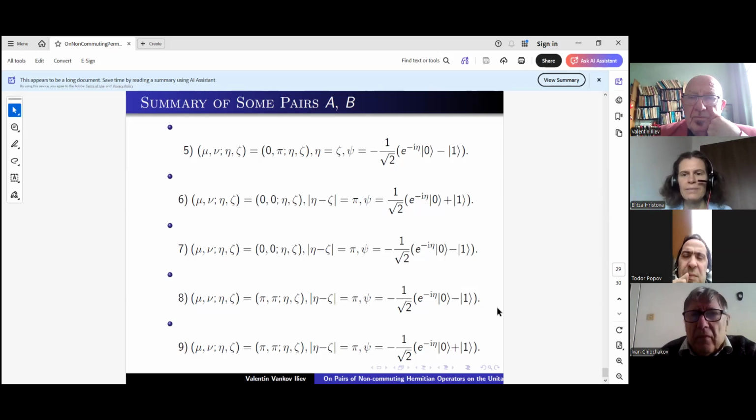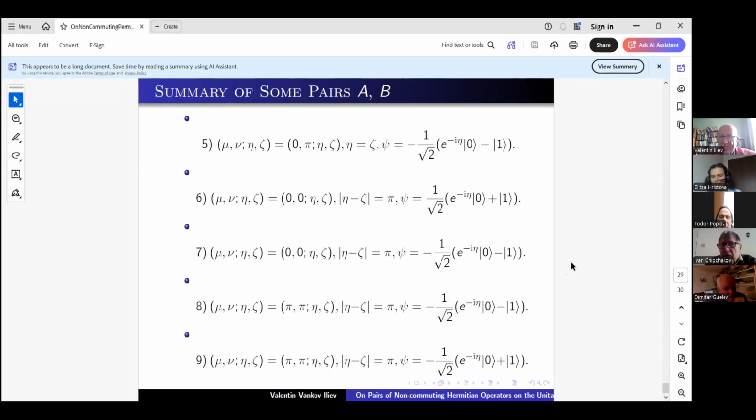I have a very superficial, amateurish question. The title gives the impression that there is a contradiction with the commonly known thing that commuting means the possibility for simultaneous measurements.